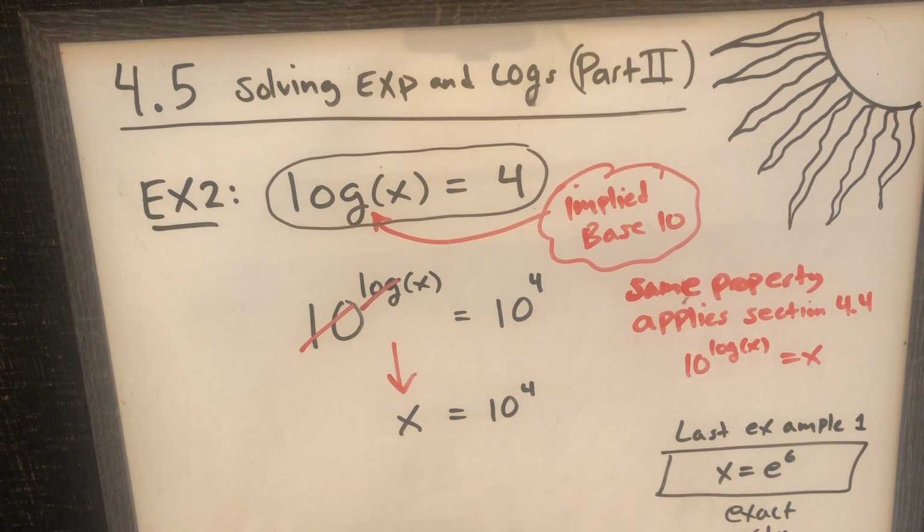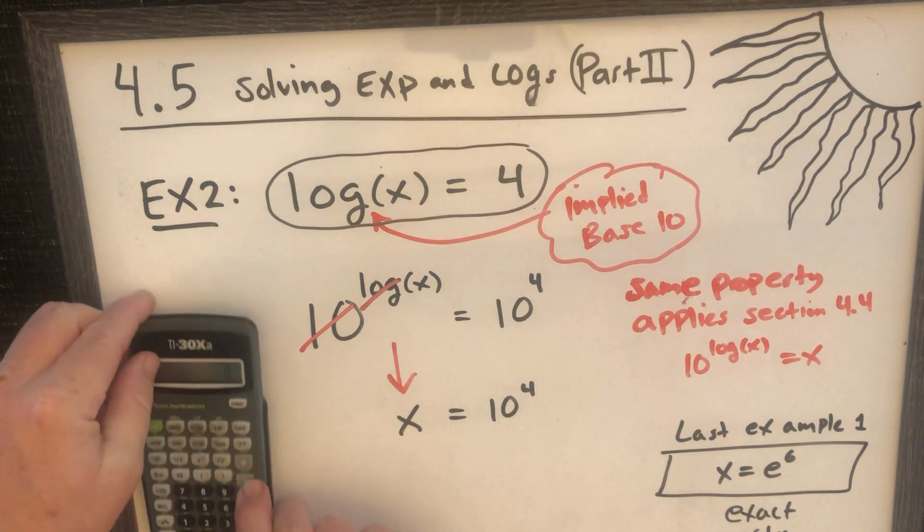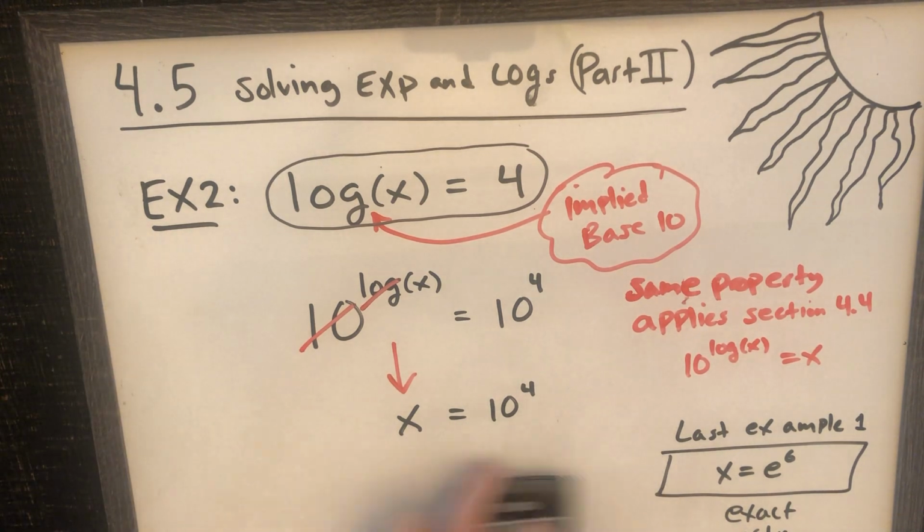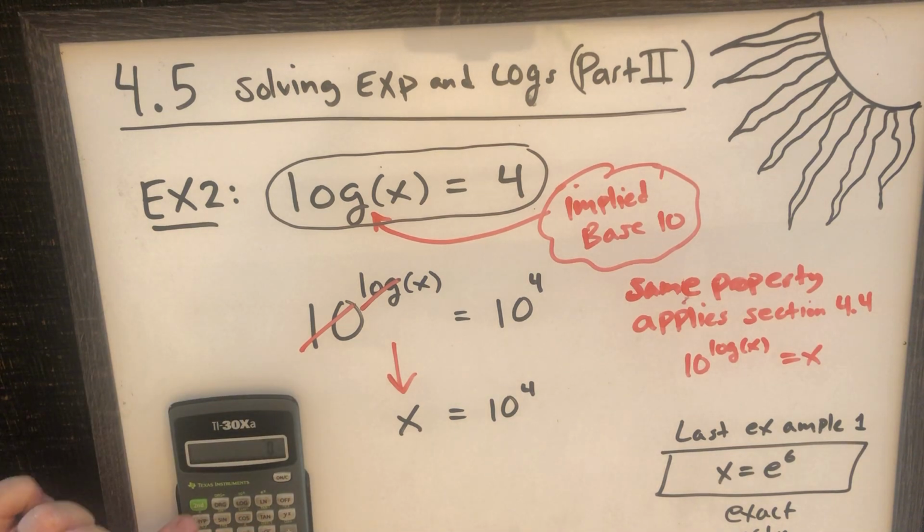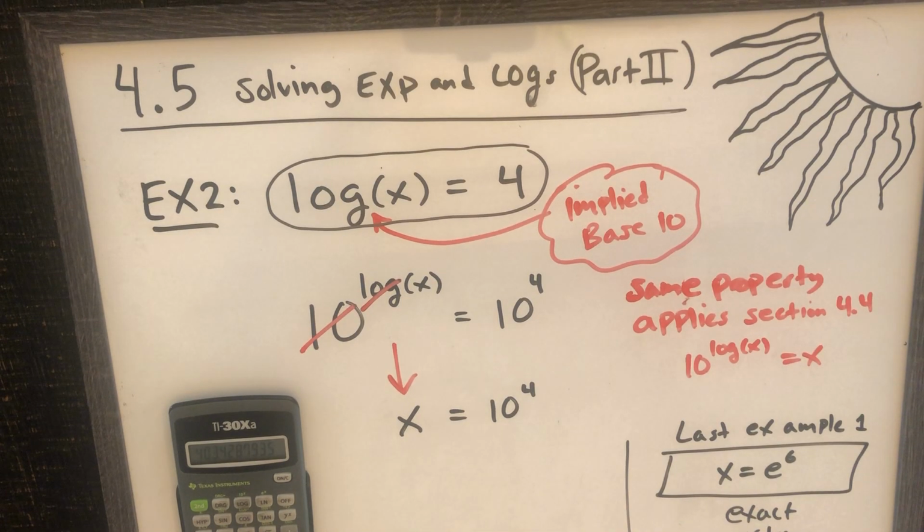If you wanted to approximate it, of course, you could use your calculator here, and you could say e to the 6th power. I know I'm kind of going backwards here. This is for the previous example. It would have been approximately 403.4. Let's just do 2 decimals for this one. 403.43 would be my rounding for that one.